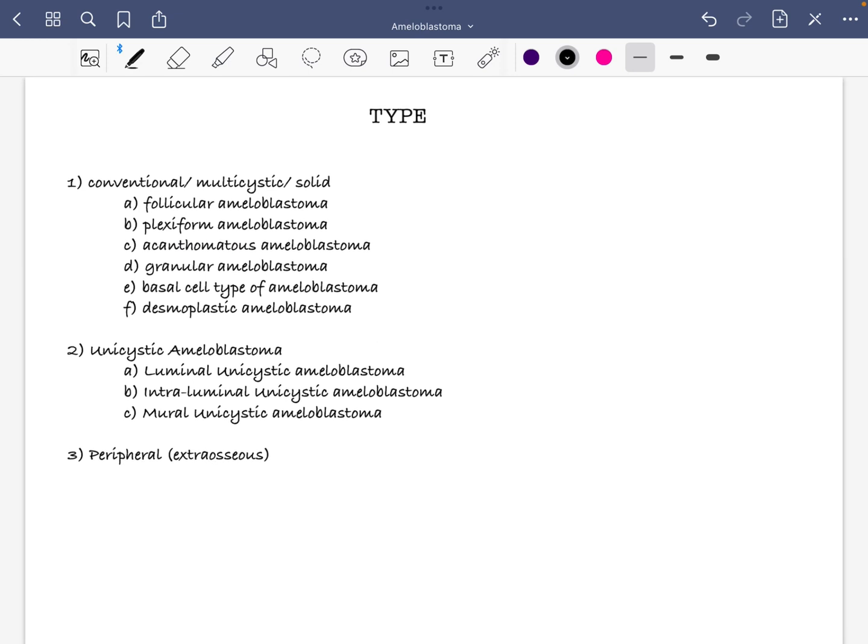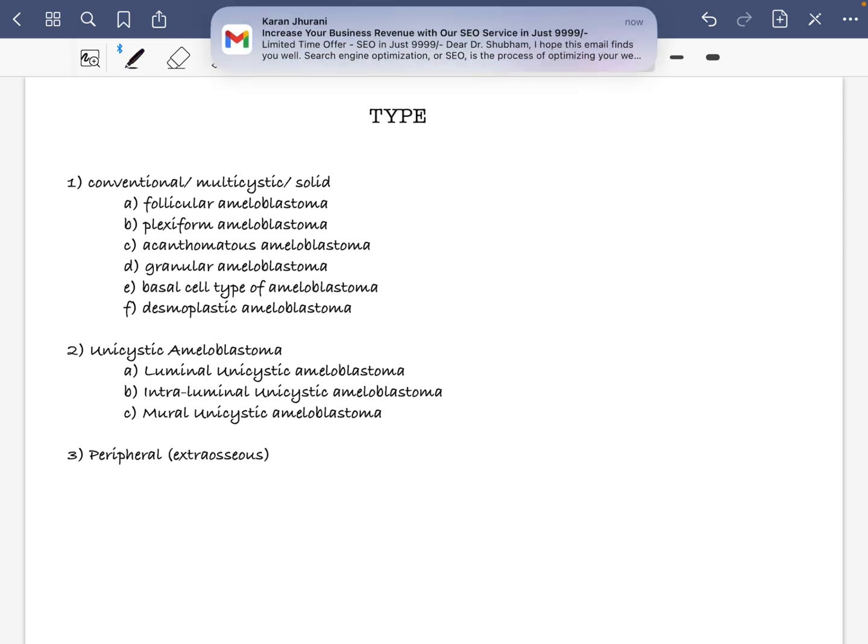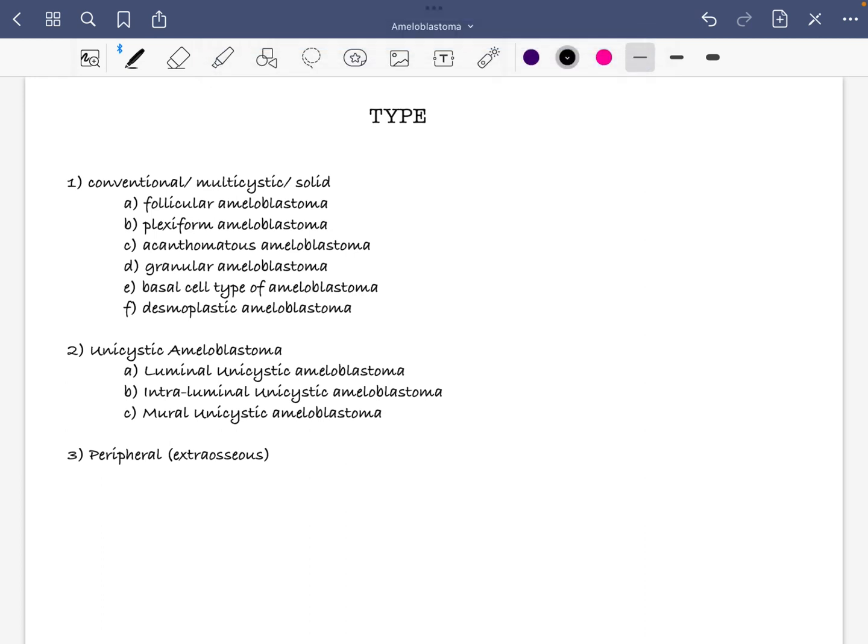Now I'm going to discuss types of ameloblastoma. On the larger scale, we divide ameloblastoma into 2 types: central and peripheral.